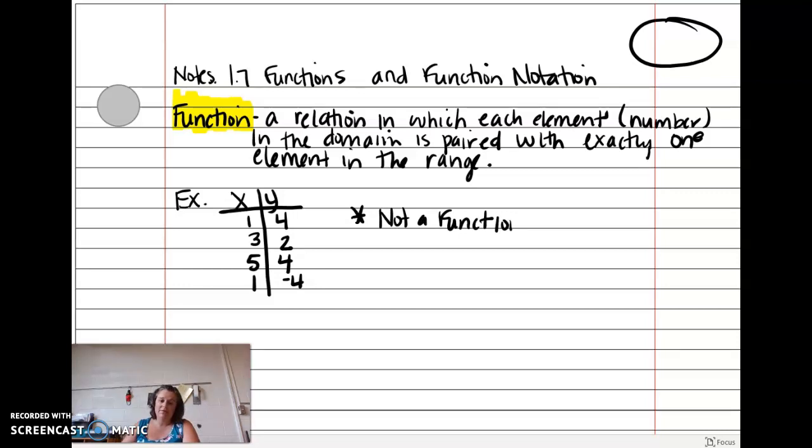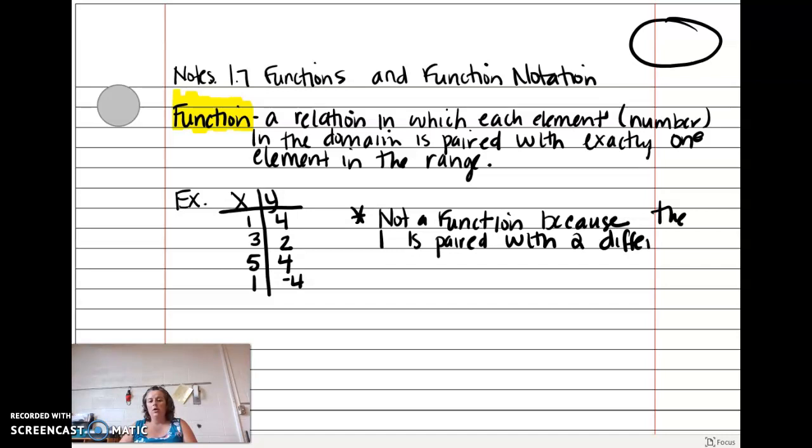It's a relation, but it's not a function because the 1 is paired with two different numbers. So this 1 right here, it went to a 4. If you have a 1 in the x again, it has to go to a 4 again. It didn't. It went to a -4. We cannot have that repeating there.